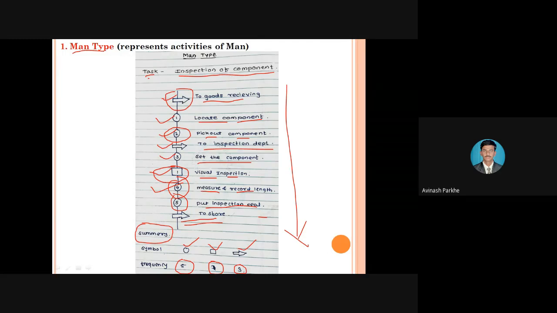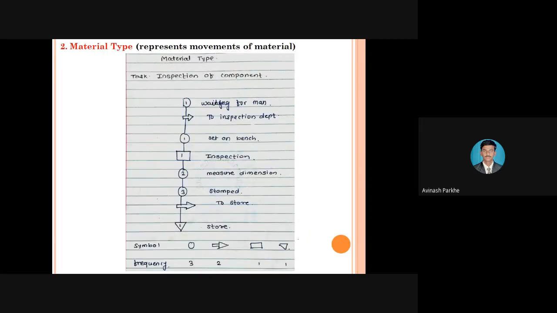During the inspection of the components, whatever activities or movements are performed by that particular operator, all those movements are represented by using this man type of flow process chart. So this is the first type of flow process chart, in which only movements or activities of the man are represented. Now we'll discuss the second type.